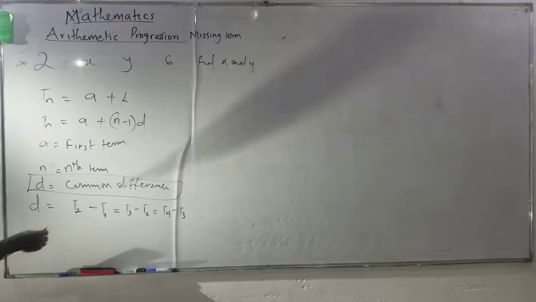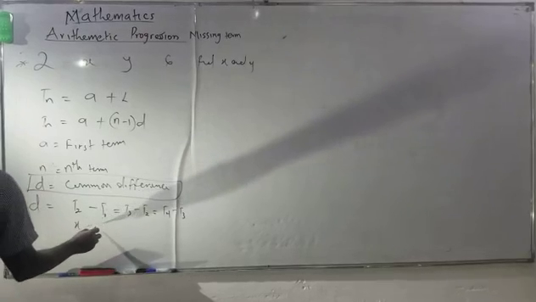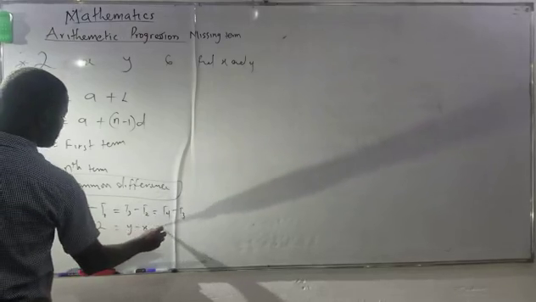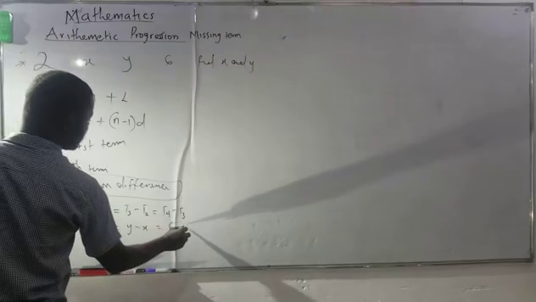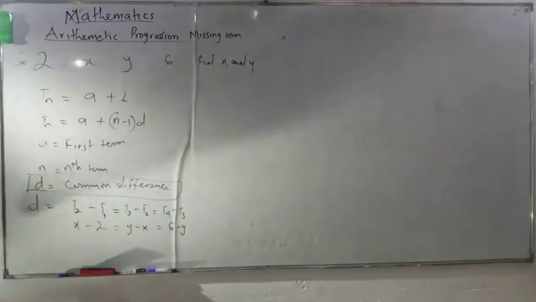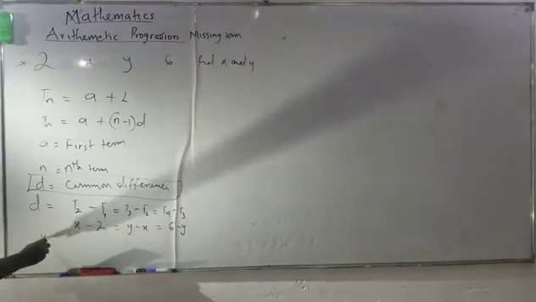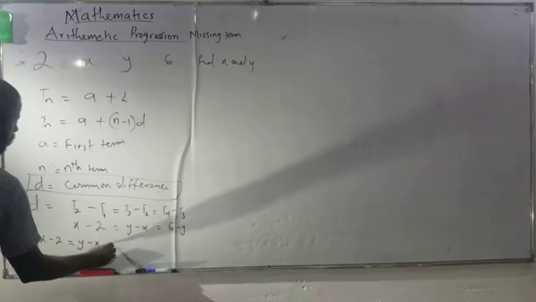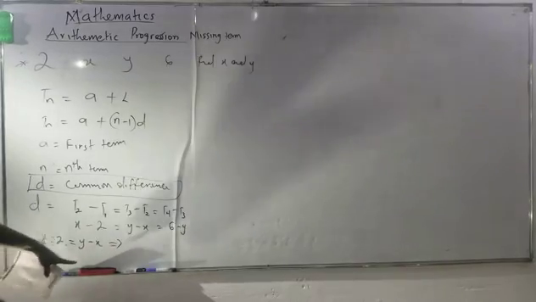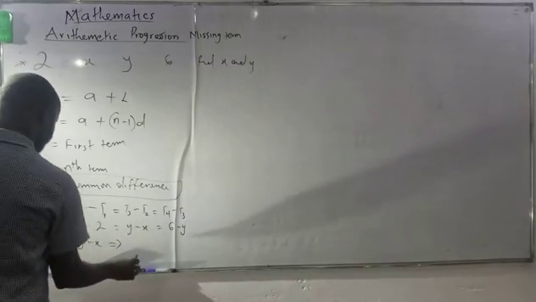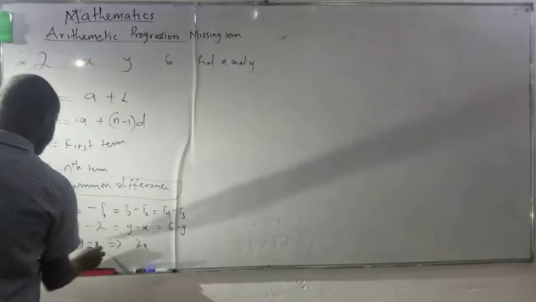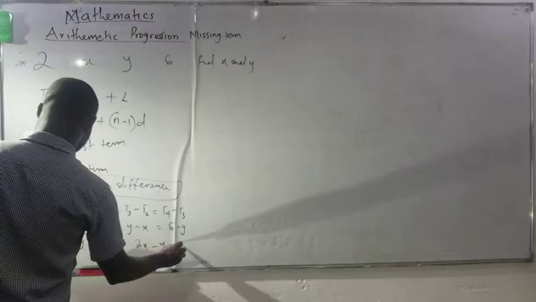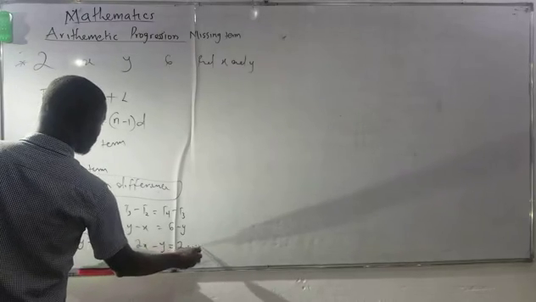So now it means my T2 minus T1, y minus x, equals 6 minus y. Wait, more exactly: x minus 2 equals y minus x equals 6 minus y. By implication, x minus 2 equals y minus x, which implies 2x minus y equals 2, equation 1.